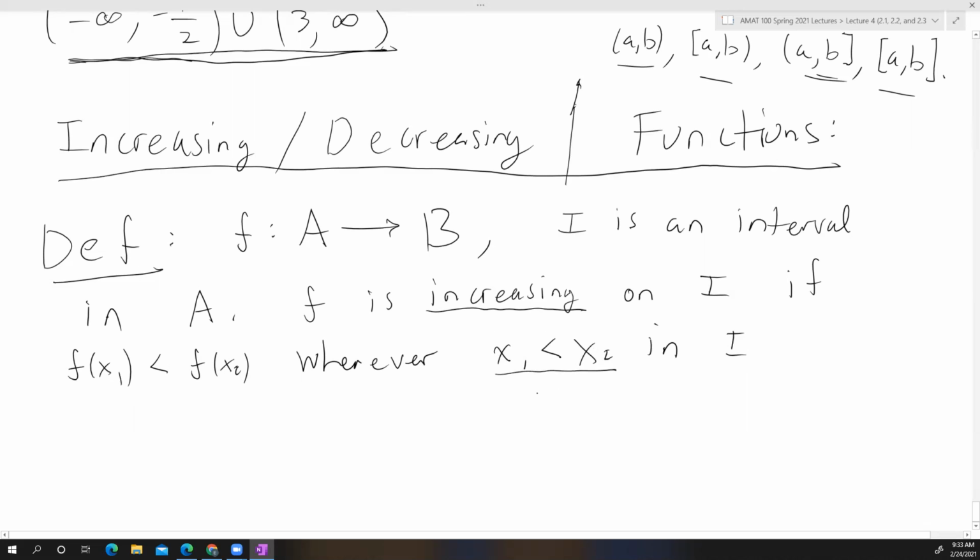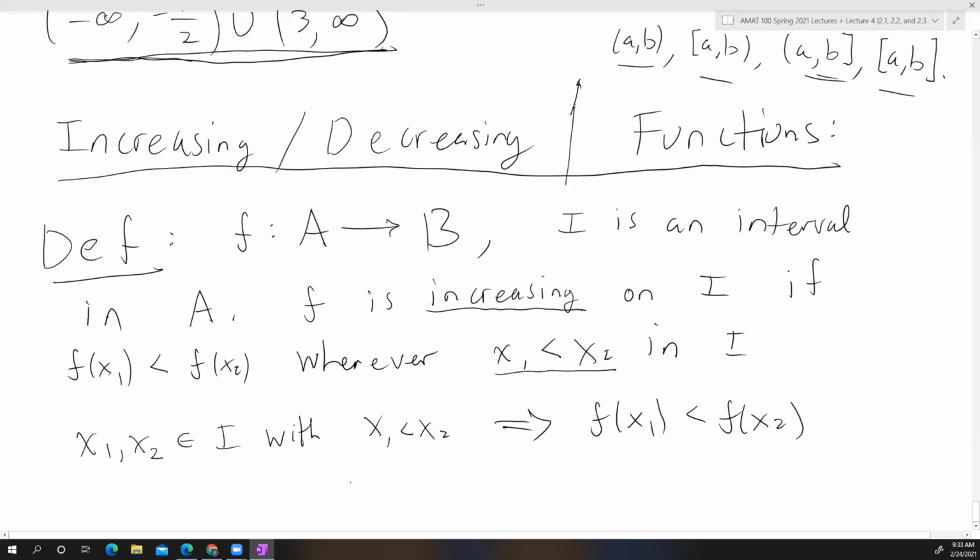Like if you were to apply the function to both sides of the inequality, it wouldn't change the inequality in any way. So in other words, if you have x1 and x2 are points in the interval with x1 less than x2, this implies that f of x1 is less than f of x2.